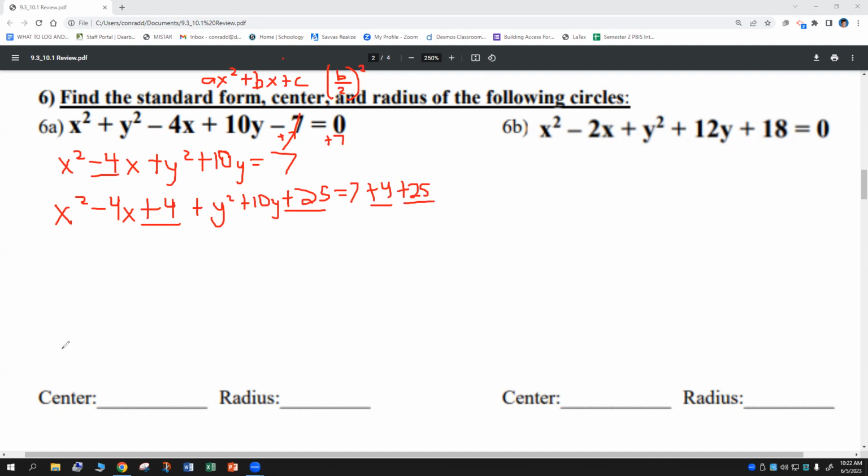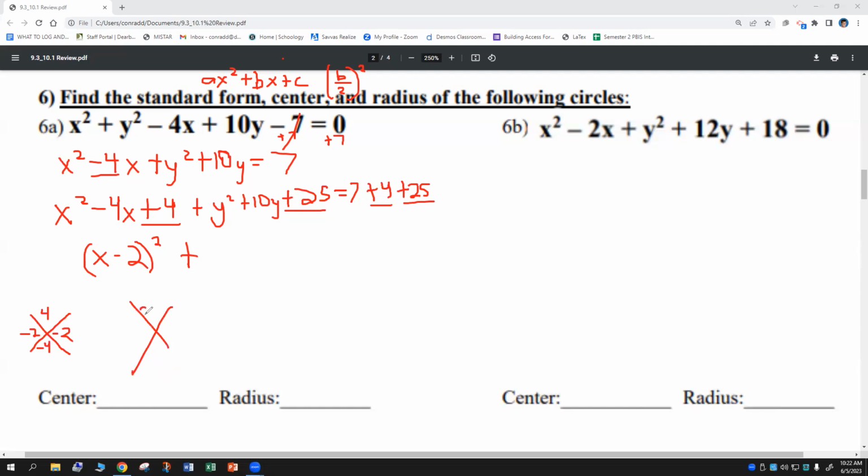Okay, and then I can factor. So for the x's, I need two numbers that multiply to 4 and add to -4. That should be -2 and -2, right? Whatever b divided by 2 is. So -4 divided by 2 is -2. So my two factors are x - 2 and x - 2, which means I have (x - 2)² plus, okay, we're factoring these.